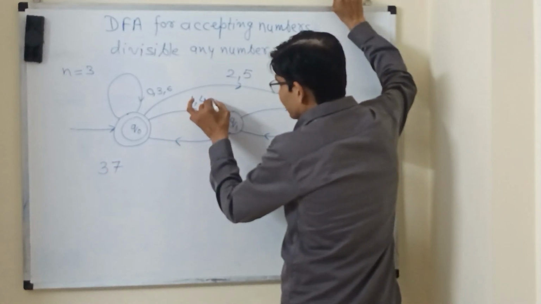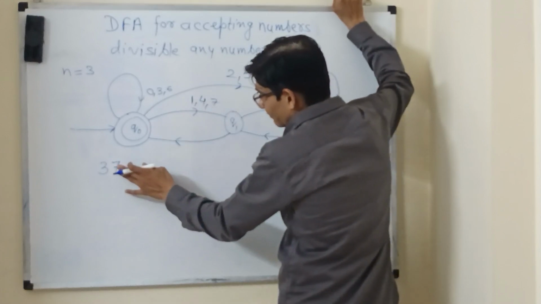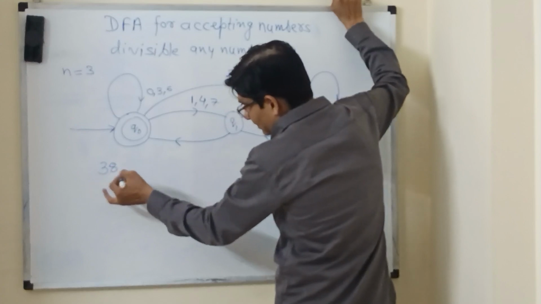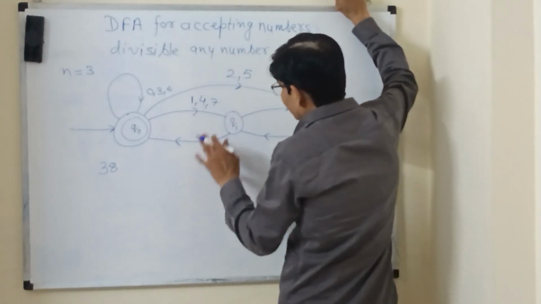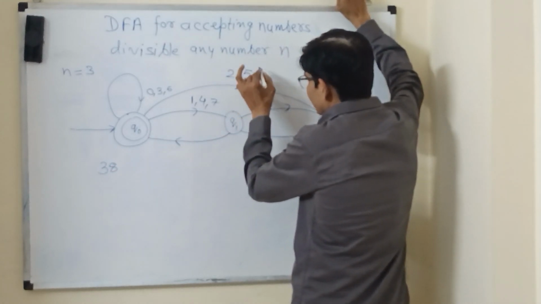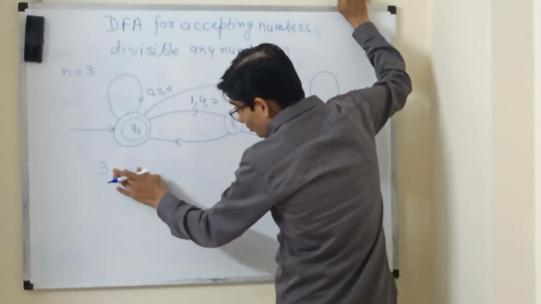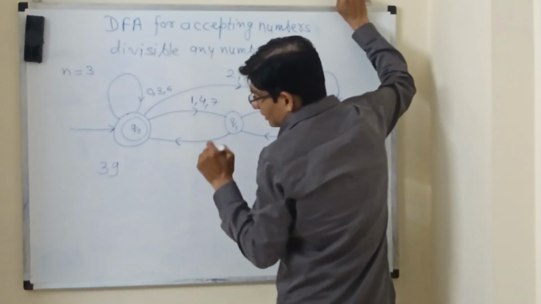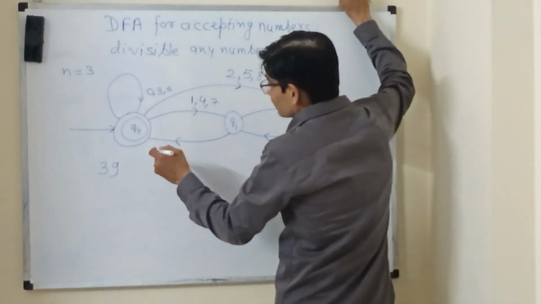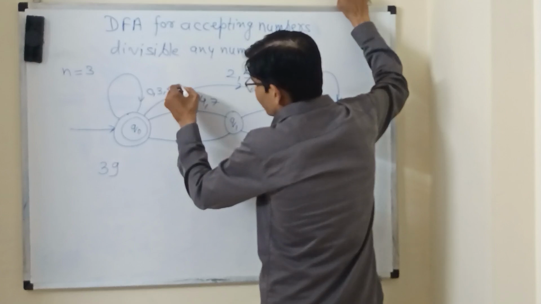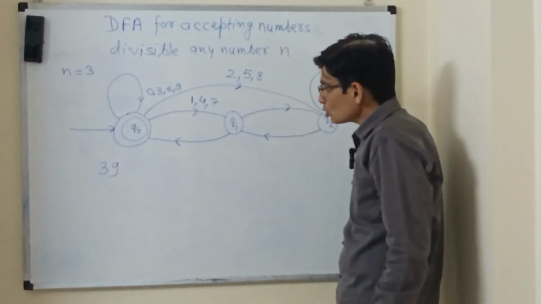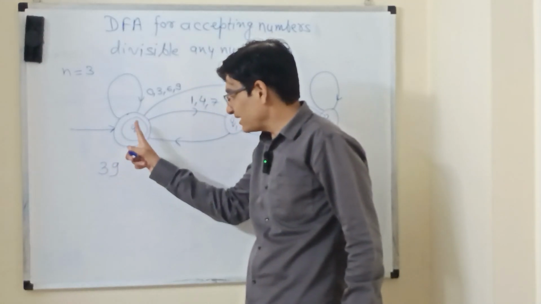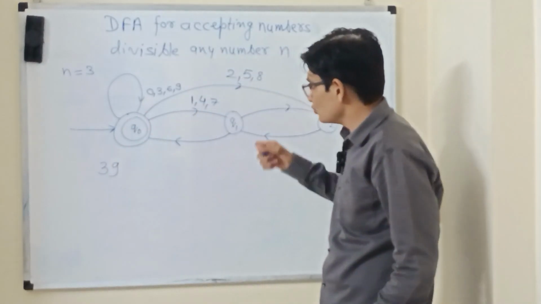If you apply 8 here, it is 38, so it will give remainder 2. And if you apply 9 here, you will get 39, which is again divisible by 3. So now we have seen all the transitions for 10 different symbols from Q0.